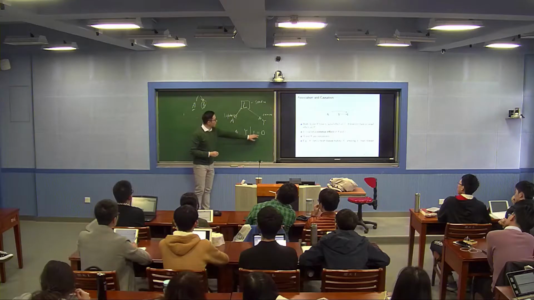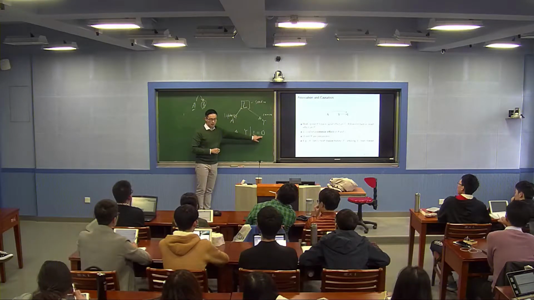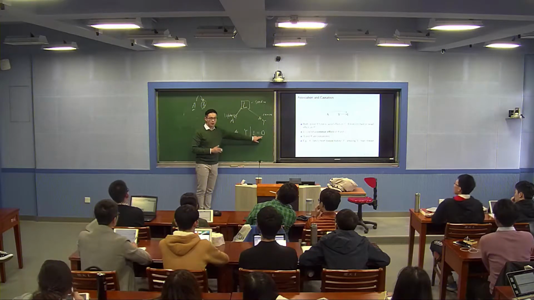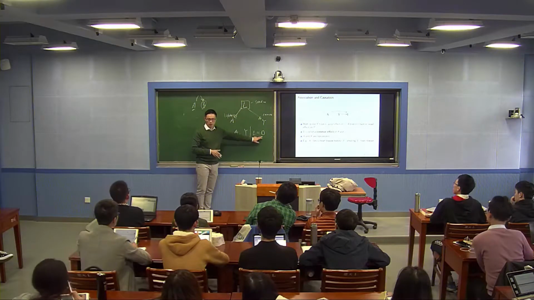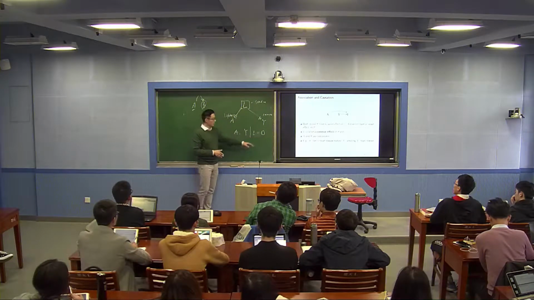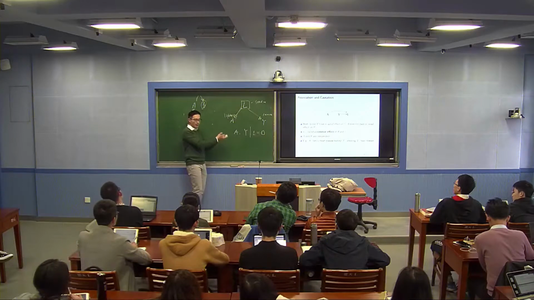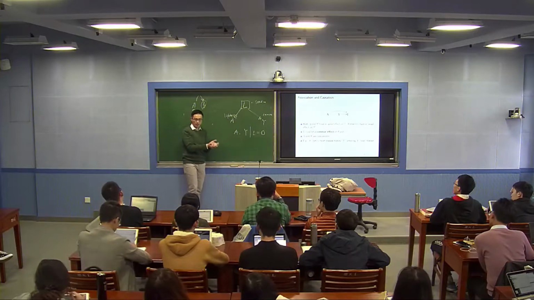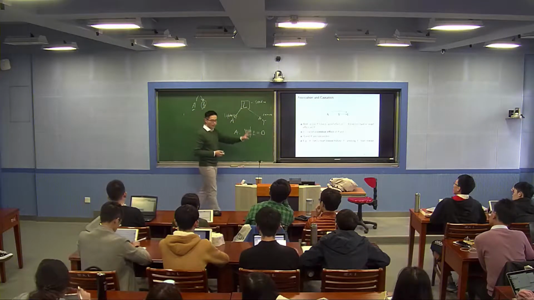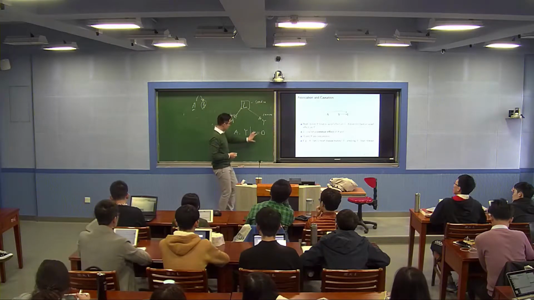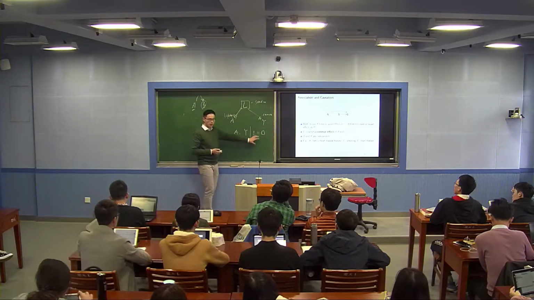Conditioning on L equal to 0 means we only look at people who do not smoke. There's a whole population, but we only take the people who do not smoke and look only at them. So I fix the population to a subpopulation where L equals 0.